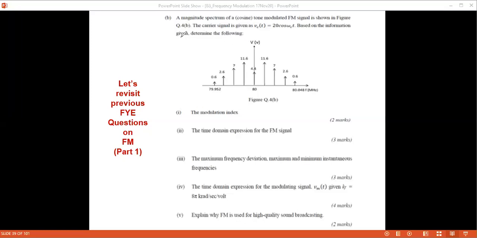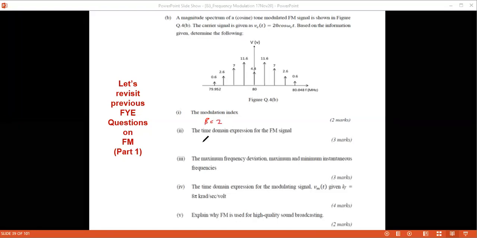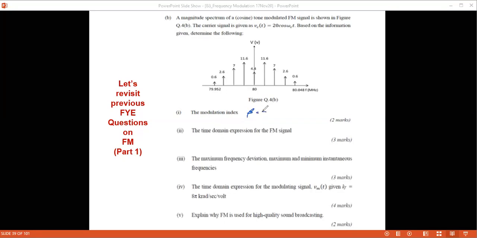The time domain expression for the FM signal. We know that beta is equal to 2, and we remember the VFM equation. Here beta is equal to 2.